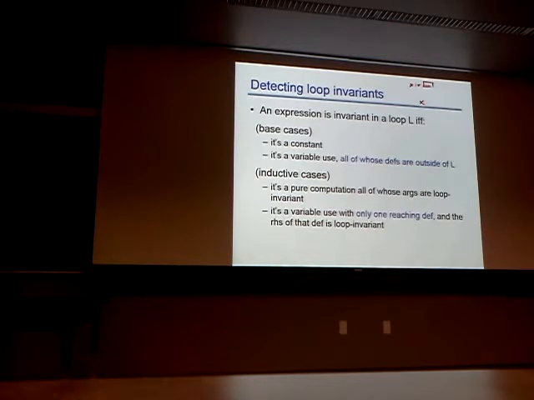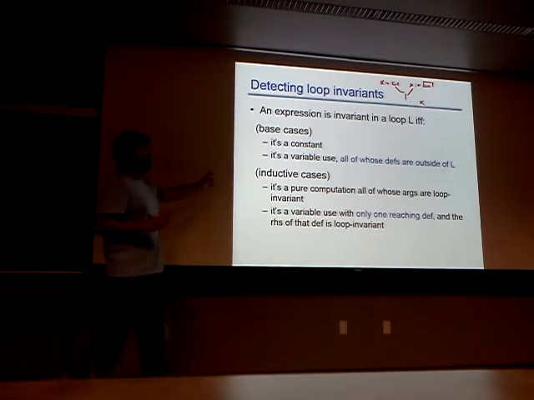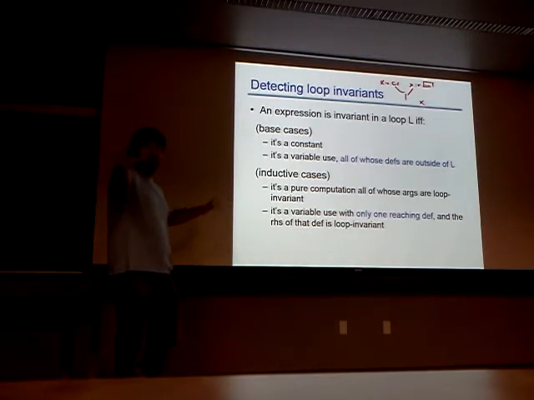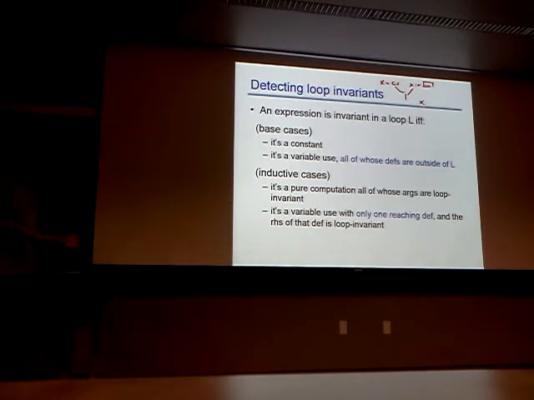The reason you only want one reaching definition is because if you have a branch inside the loop, and X is set to a loop invariant thing on one side and to a loop invariant thing on the other side, but you don't know which way the branch goes, then you have more than one reaching definition, and you can't say that this X is loop invariant, right? Does that make sense? There only has to be one reaching definition.